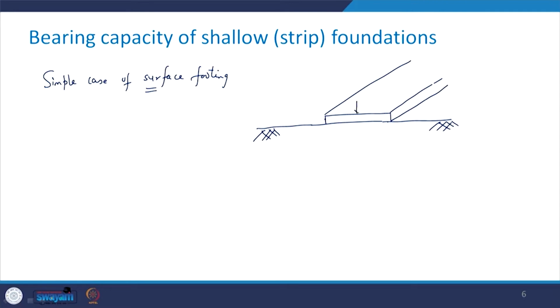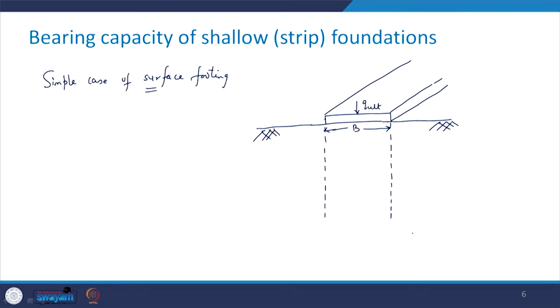And we need to find out the Q ultimate of it, and like in the concept with respect to Bell's approach I explained, I will have these two zones here. The width of this footing is say B.